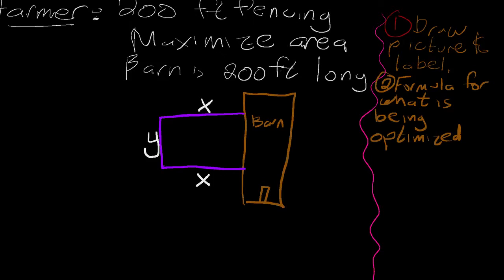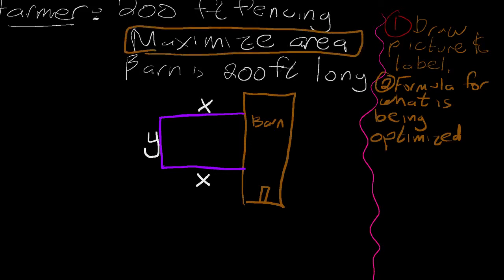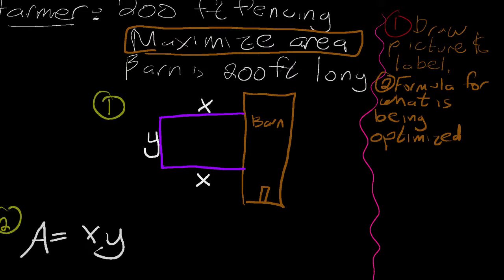Okay, since we want to maximize the area, that's what we're trying to optimize. So we want to find a formula for the area of this container. That shouldn't be too difficult to come up with. Well, it's just length times width, so x times y. Okay. So let me label this is step 1, this is step 2.